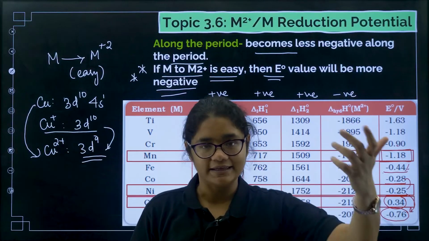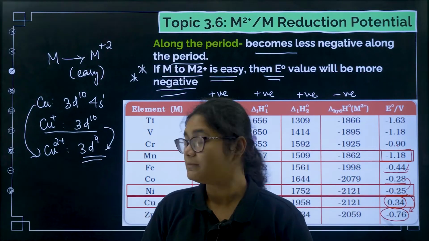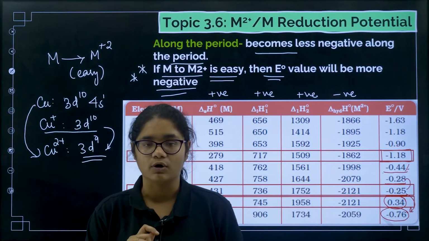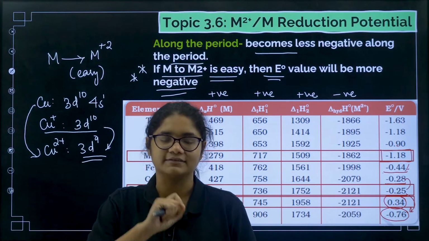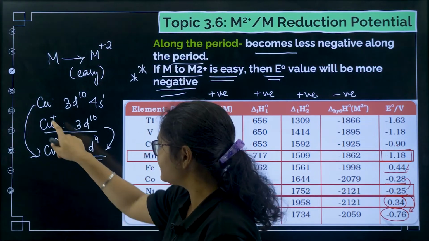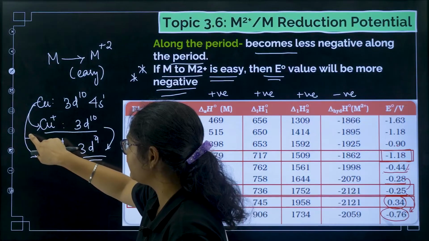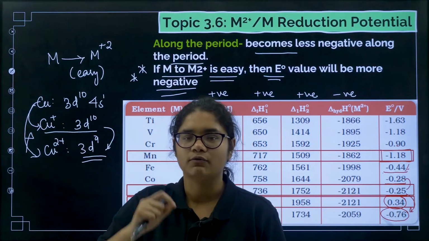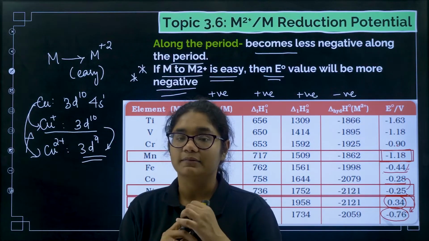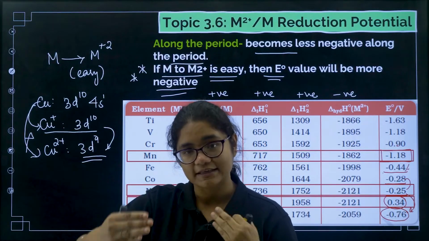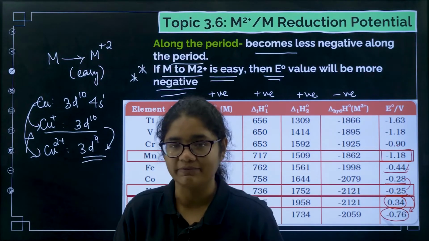But if you see Cu2+, does the metal want to get converted to M2+ here? In manganese we said yes, but in copper it is no. Why? Because copper 2 plus is not a stable configuration, rather copper plus is a very stable configuration. So the metal will come here easily, but here it doesn't want to come. I told you, if the metal gets converted easily, the value will be very negative.